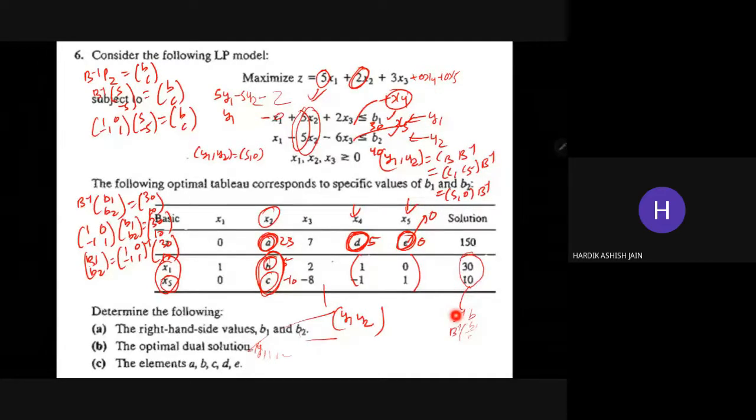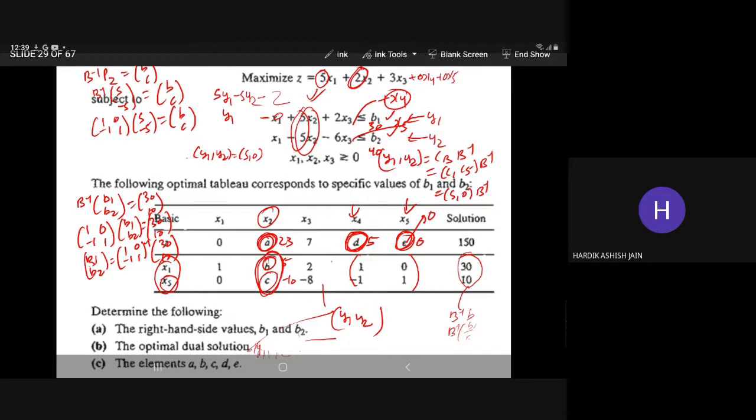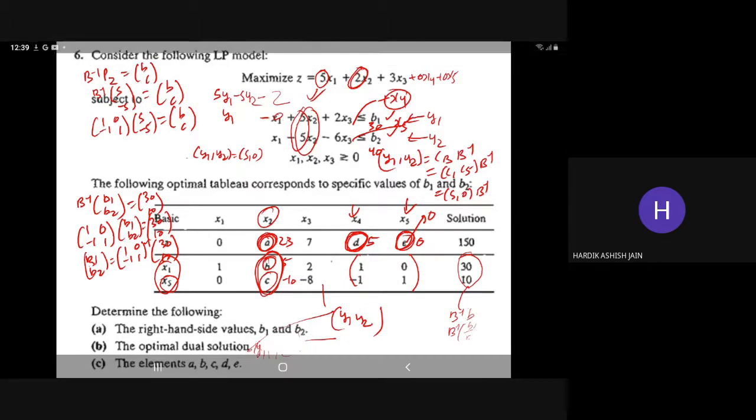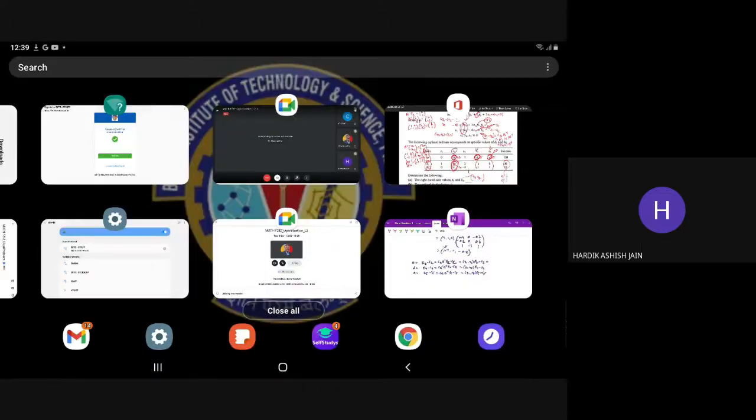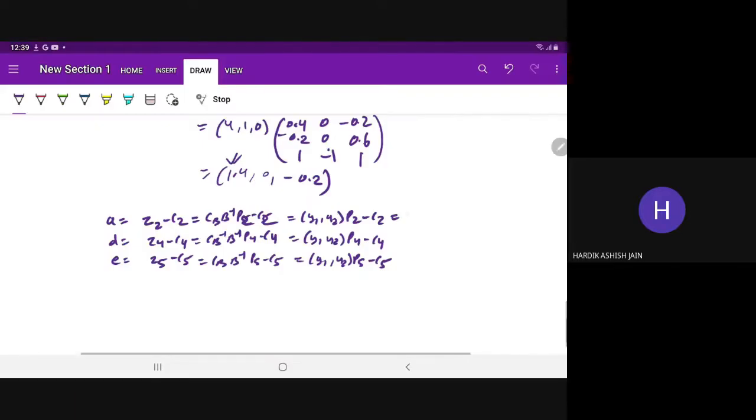So it will come 5 by 1 minus 5 by 2 minus 2.